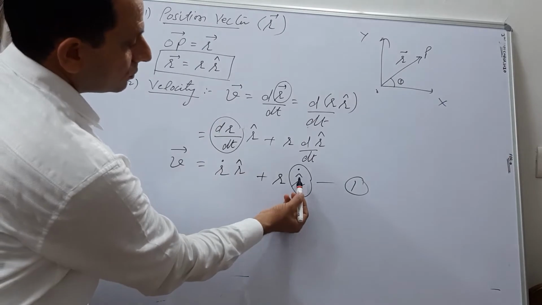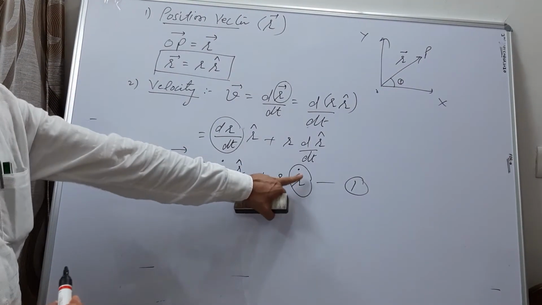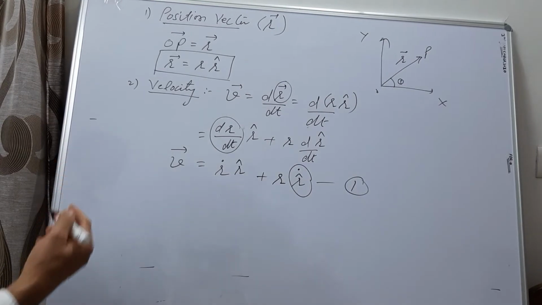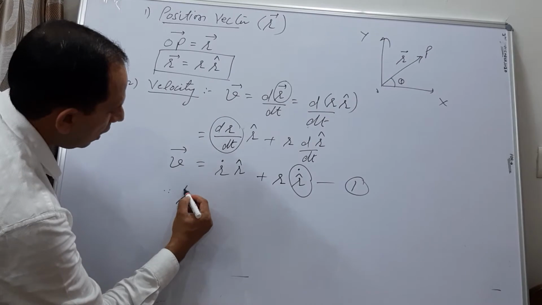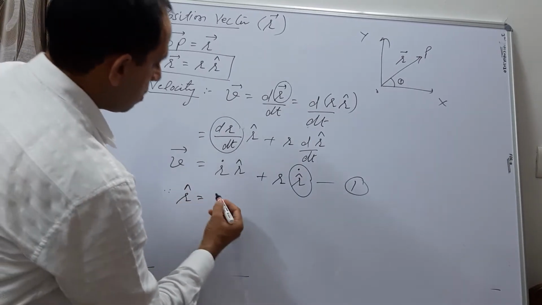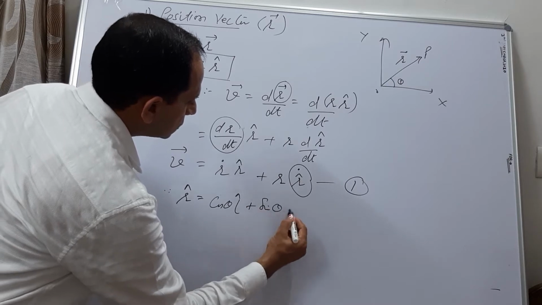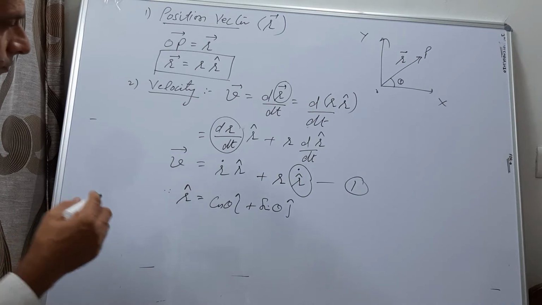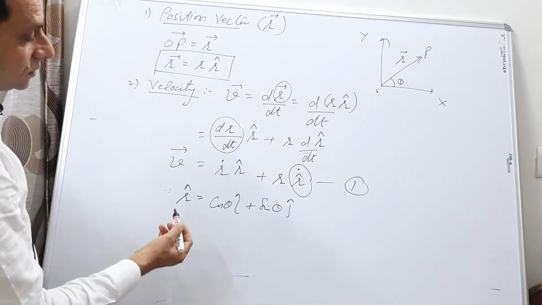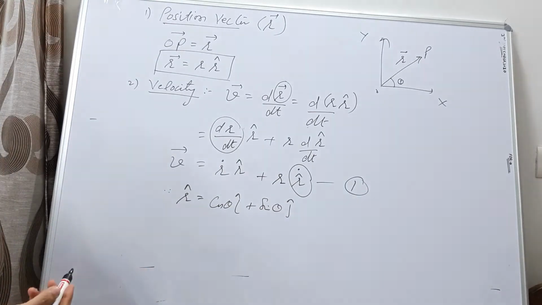We can solve this by using the formula of r cap, which we studied in the previous lecture, that is, r cap is equal to cos theta i plus sin theta j. Now, we have to find r cap dot, where dot means first derivative.